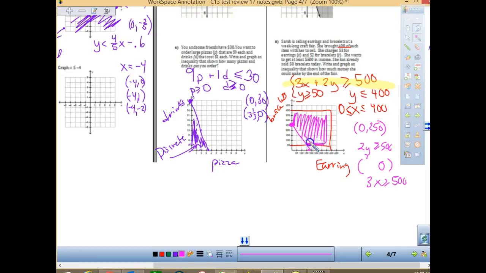It can't be less than 50 because I already sold 50 of them. So it can be 50, 51, 52, and all the way up. That's why the graph looks kind of like a trapezoid. Okay, right?